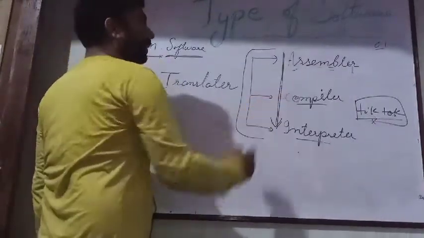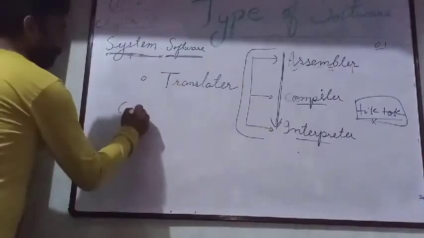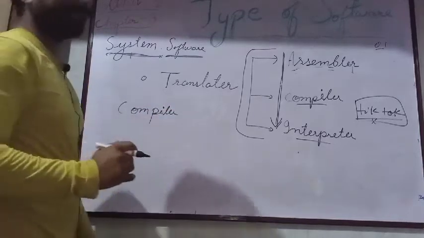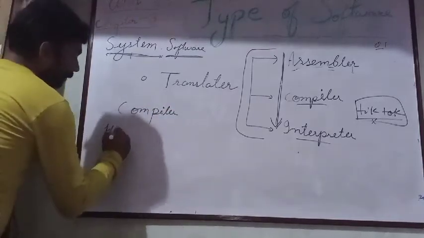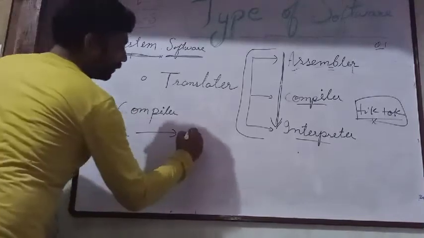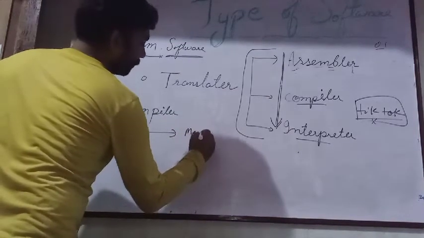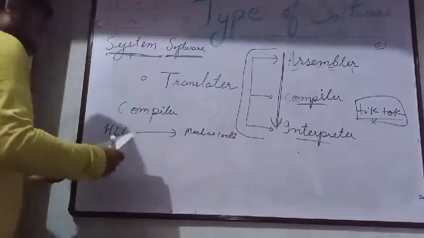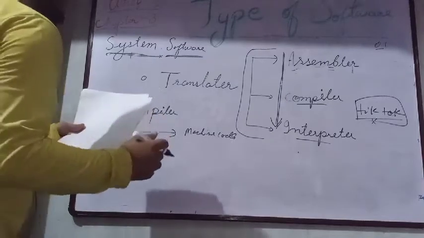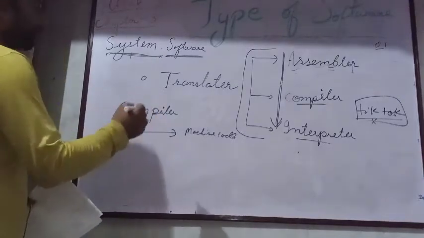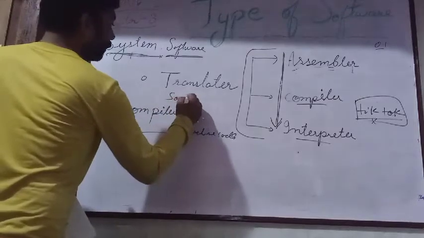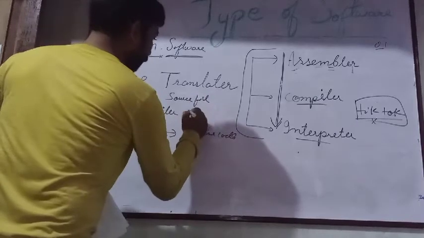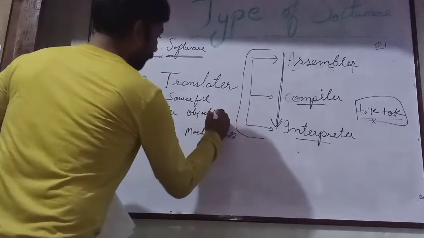But next, when the compiler came, high level language was converted into machine code. In this, we have to keep in mind the source file and the object file.